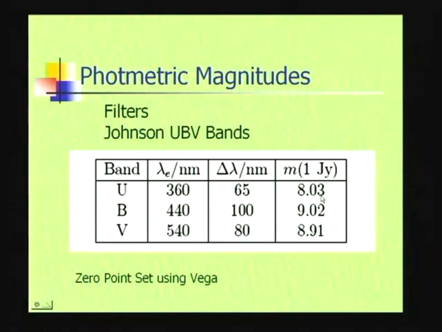It is given over here. Okay. Similarly, a 1 Jansky flux density source would correspond to a magnitude of 9.02 in the B band and 8.01 in the V band. Okay. So, these are photometric magnitudes.